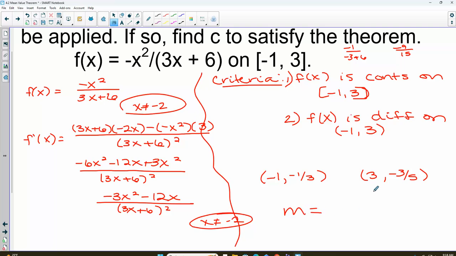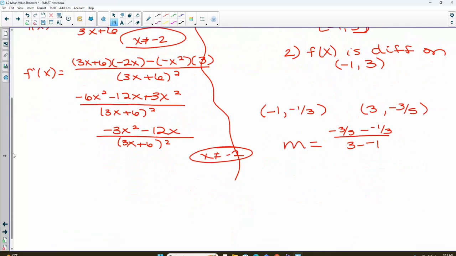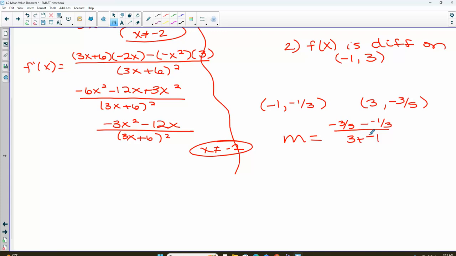So my slope, y2 minus y1 over x2 minus x1. Definitely not a beautiful problem, so feel free to use a calculator if you need to here. So I get negative 1/15 for my slope.